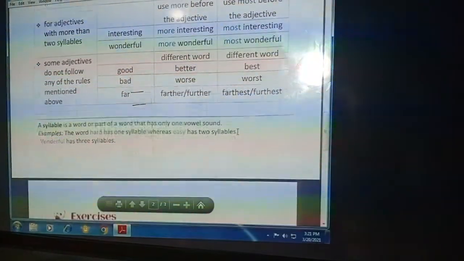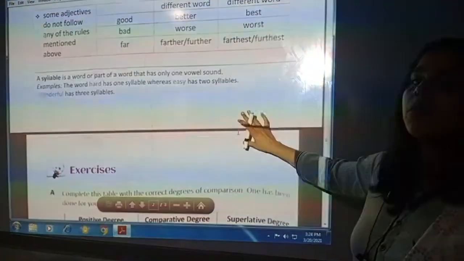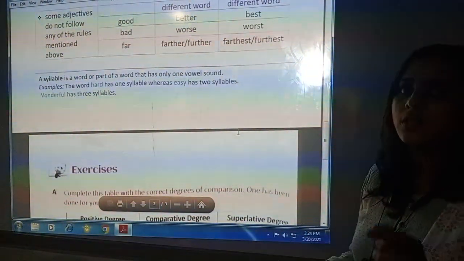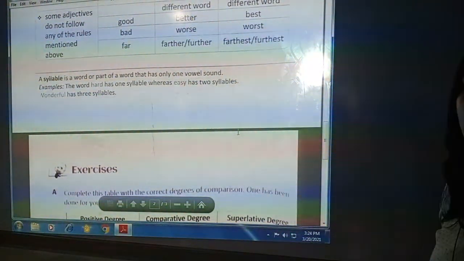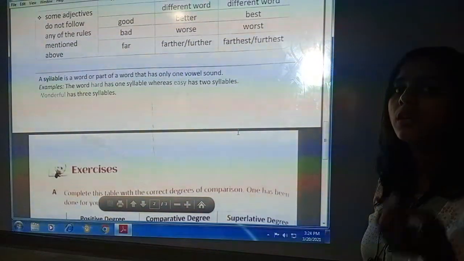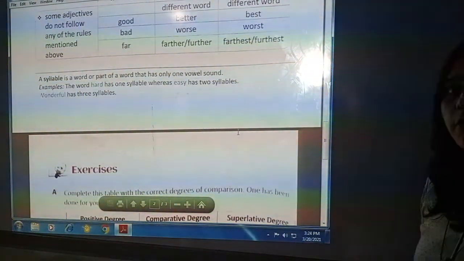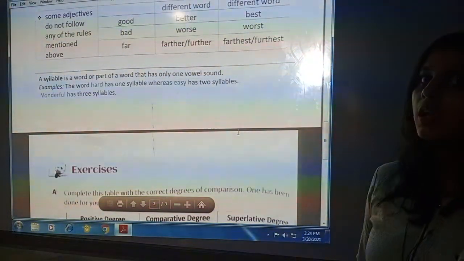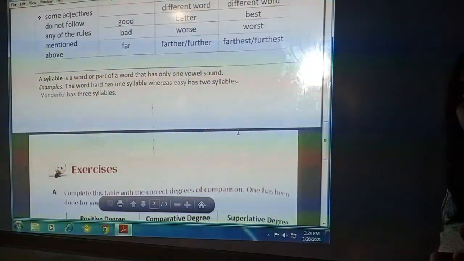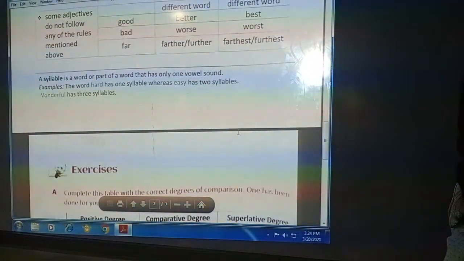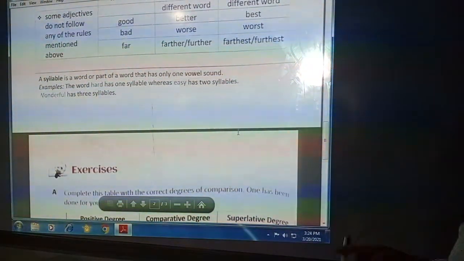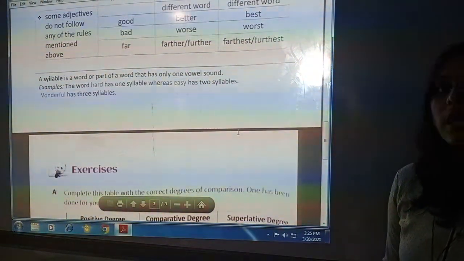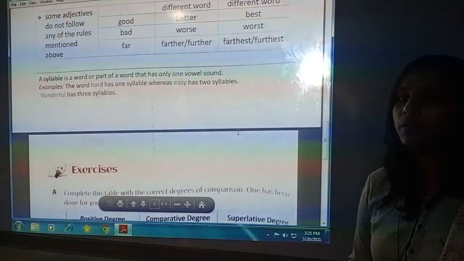Now the word I used, syllable. The meaning of syllable is this: if the word has only one vowel sound, that is called one syllable. If the word has two vowel sounds, that is called two syllables. If the word has three vowel sounds, that is called three syllables. So according to how many vowels the word has, that will be the number of syllables.